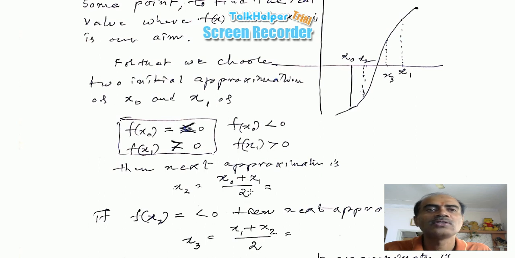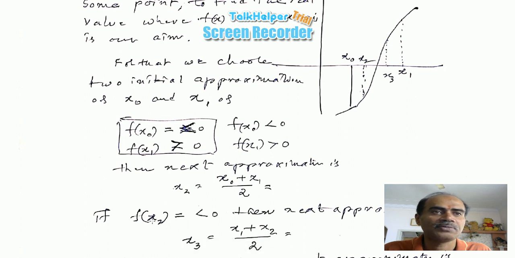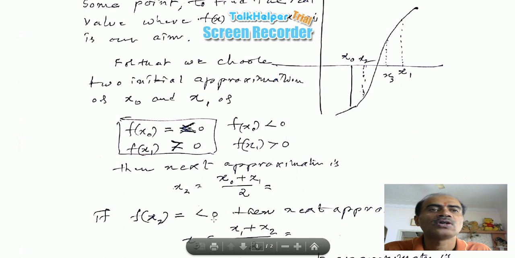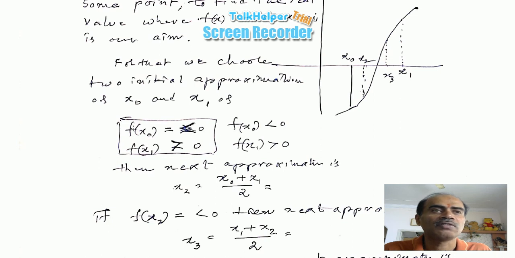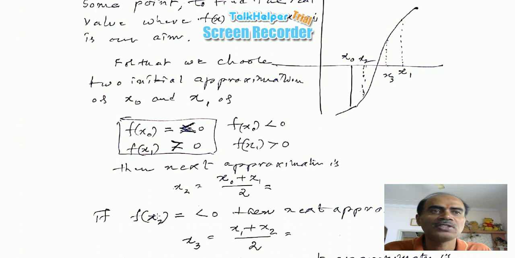Then you consider the value of the function at x2, f of x2. Suppose you get a negative sign, then among the three values f of x0, f of x1 and f of x2, you choose the alternate signs.